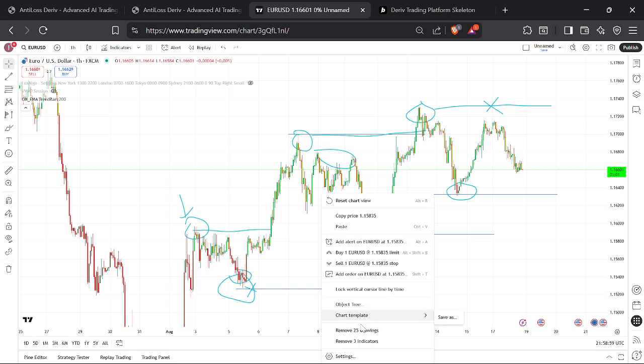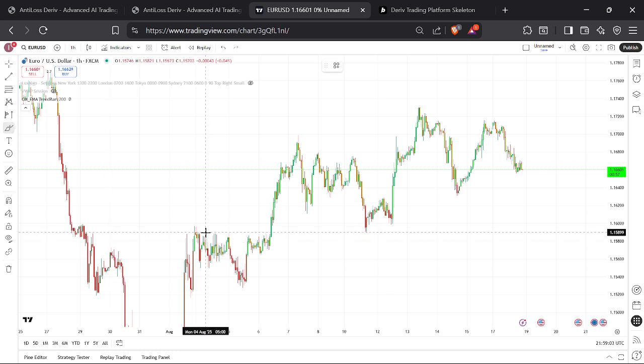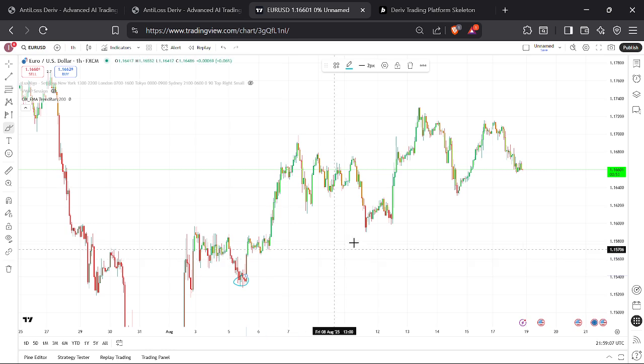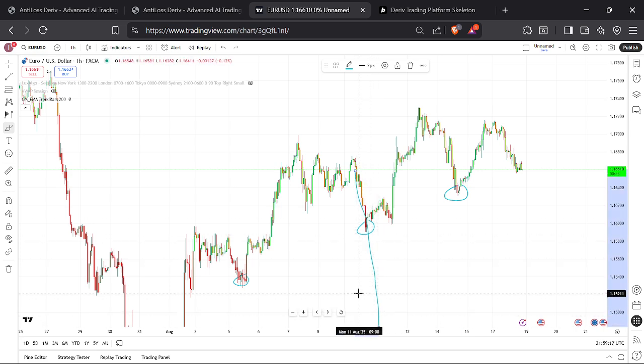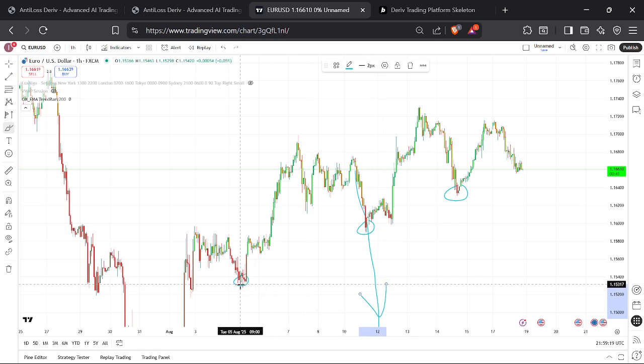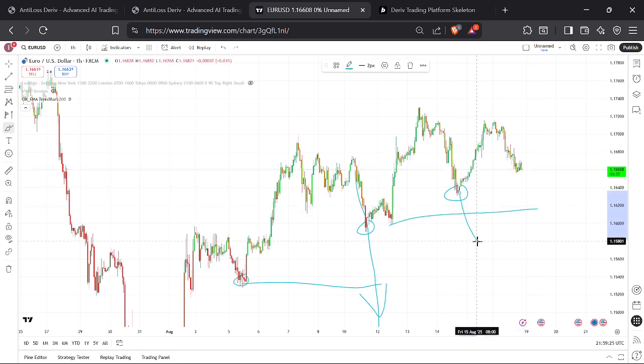Let me make the chart clear. Every single time market is coming back to these lows, it fails to trade below them. Okay, it's something that you guys can see with your own eyes. It fails to go down and trade below these levels.